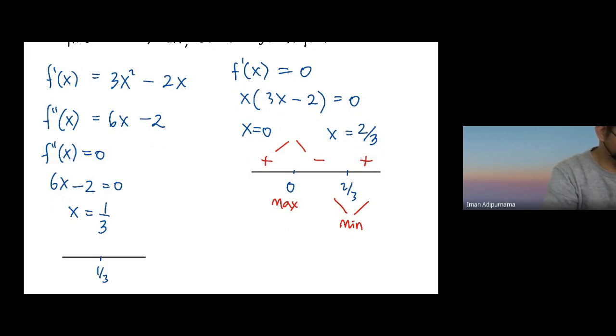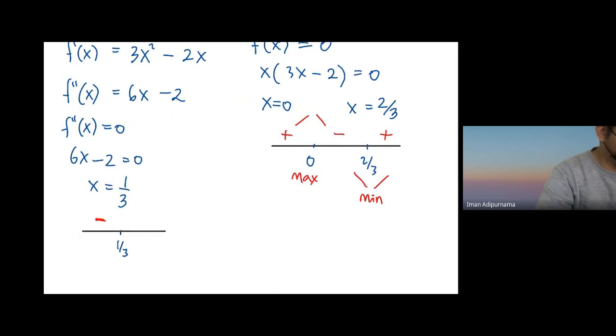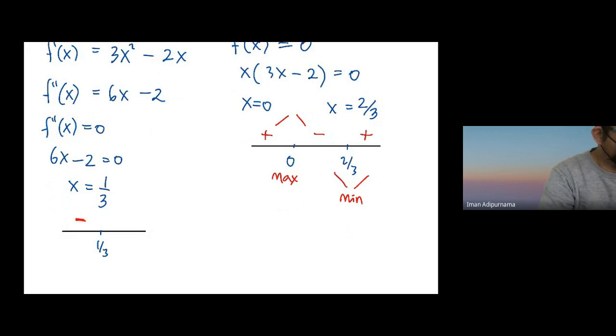Start from 0, so this will be negative, the left part negative. The right part we can check with 1 or 2, I think that will be positive. So this will be concave downwards, this is concave upwards, right? And this 1/3 will be our inflection point. I will write I.P., inflection point.